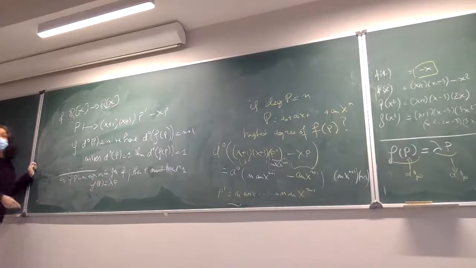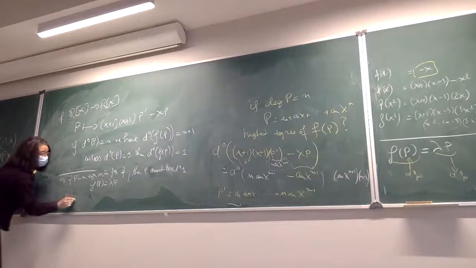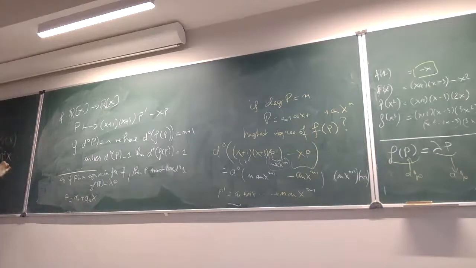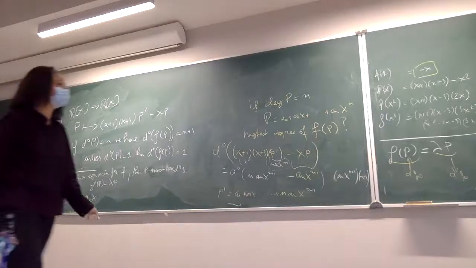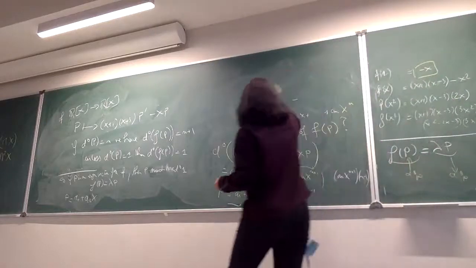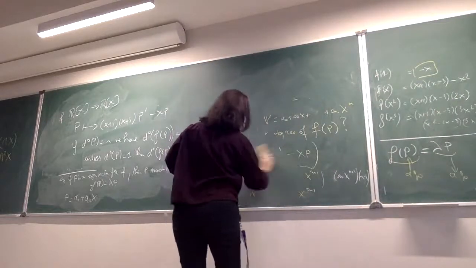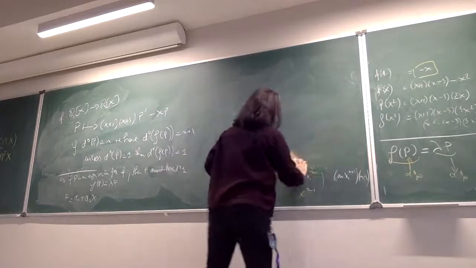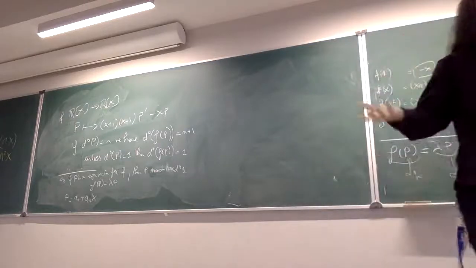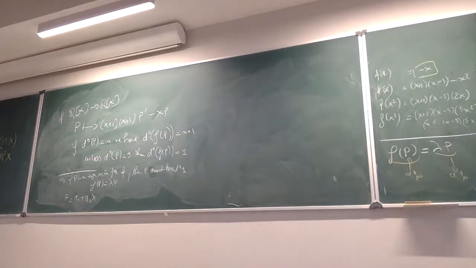We want to solve this, but for some specific P, because I have now restricted P to things that will be written like a0 plus a1 times x, because it's a polynomial of degree 1. So write the equation we want to solve.